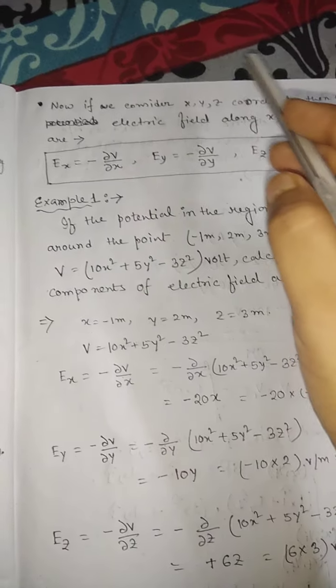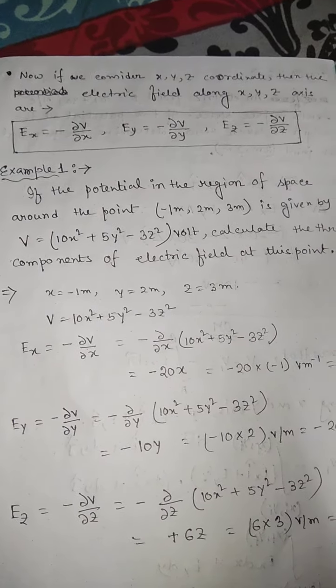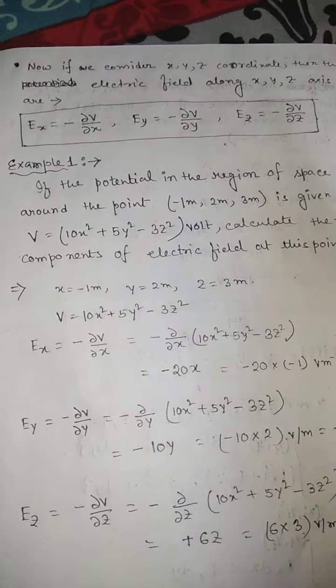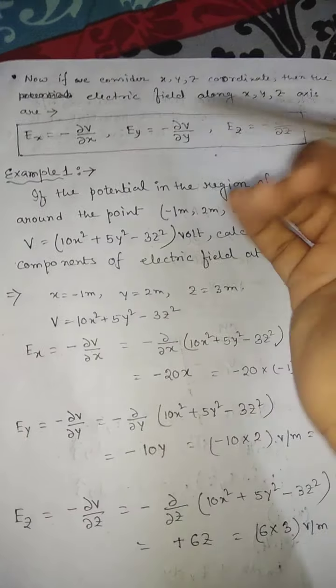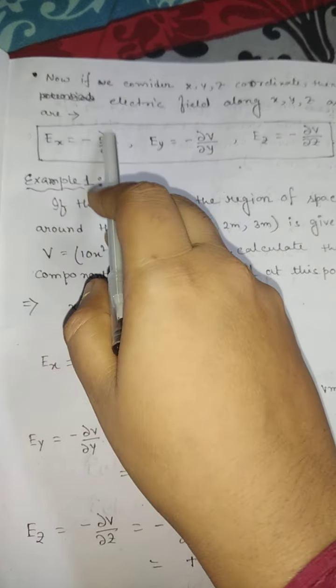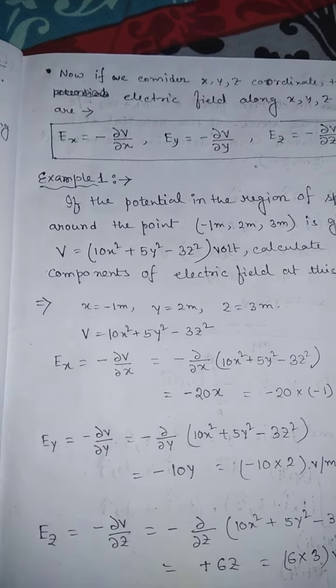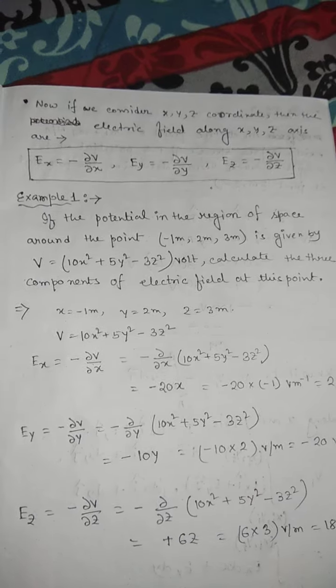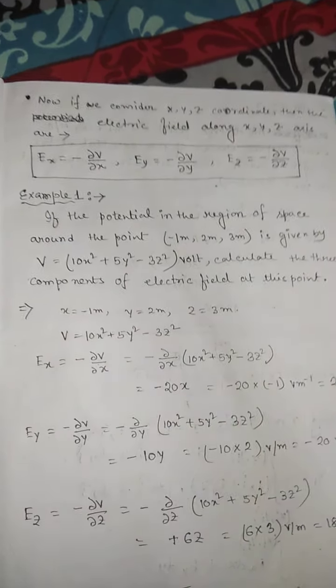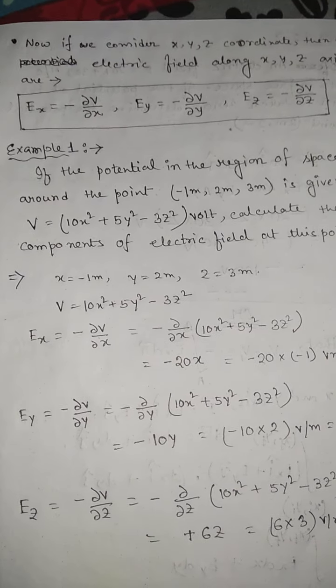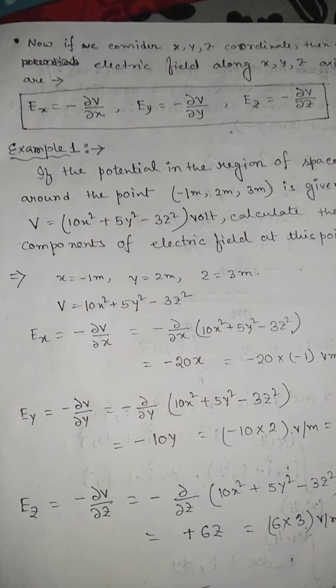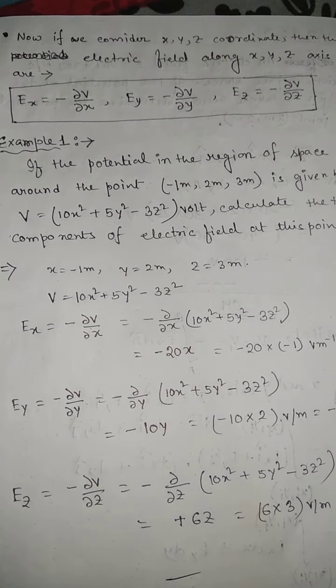Now if we consider the x, y and z coordinates, what can we write for the electric field along the x, y and z axes? Ex equals minus del V by del x, because the formula is E equals minus dV by dr, where r is the position vector. If we resolve r along three axes, r equals x plus y plus z.